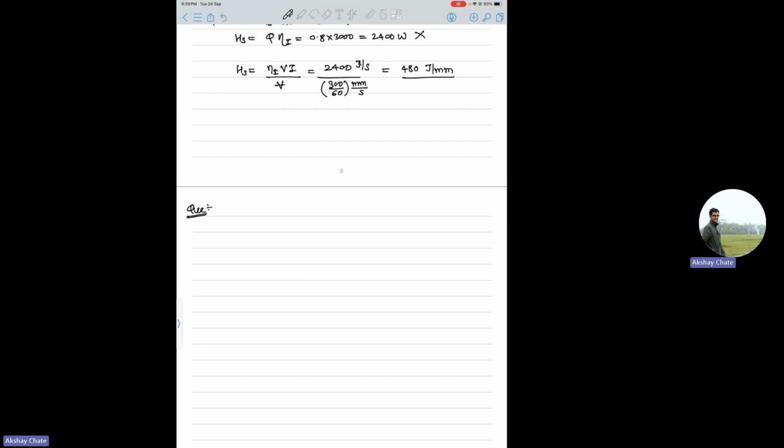What they're saying is, you know, this is your welding zone. Basically, they are welding two sheets.